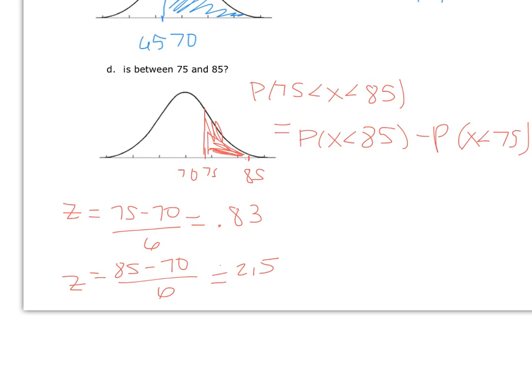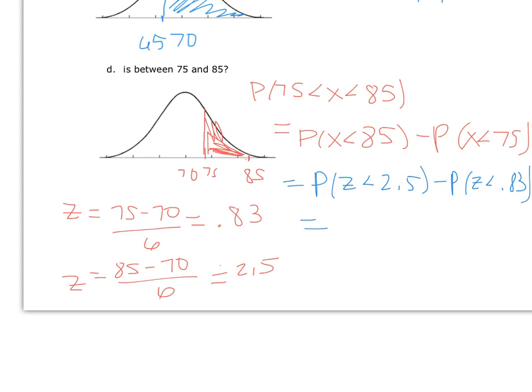But we're going to do this with the z values, so we want the probability that z is less than 2.5, and then subtract the probability that z is less than 0.83.